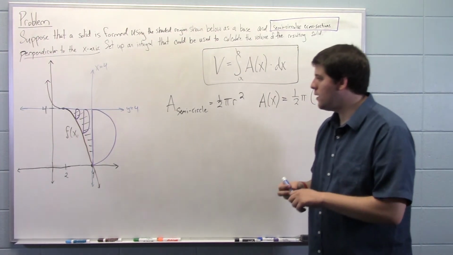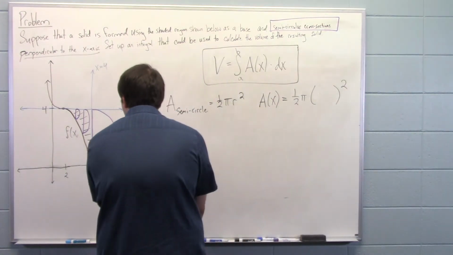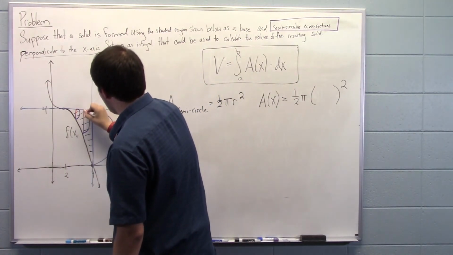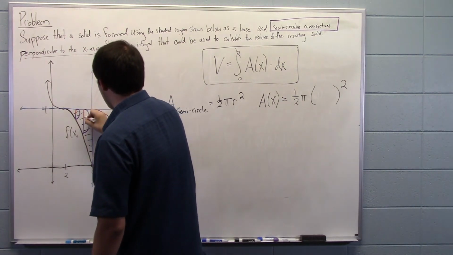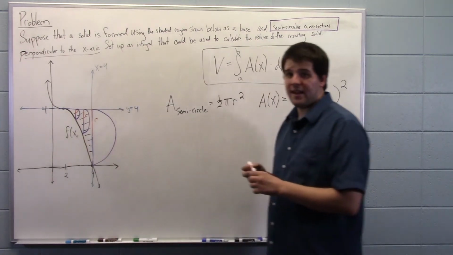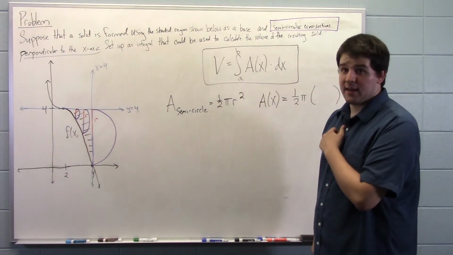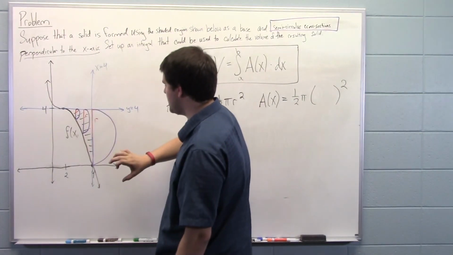Well, the radius on our cross-sections is going to vary as x varies, right? So here's a radius in orange, here's a radius, here's another radius. You get the idea. Each of these radii is going to vary as x varies, but basically the idea is we want to find this radius.